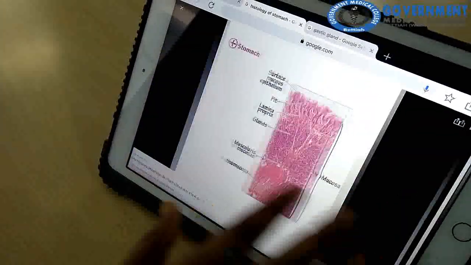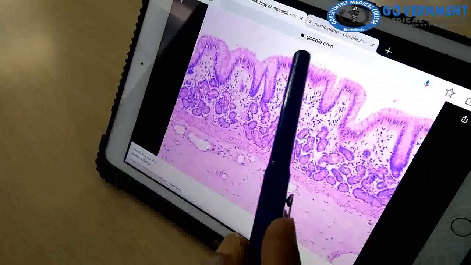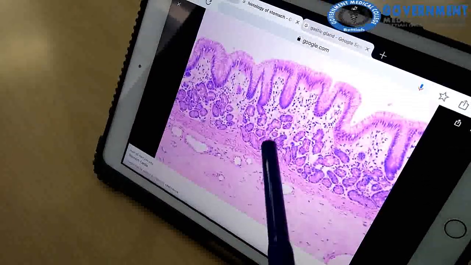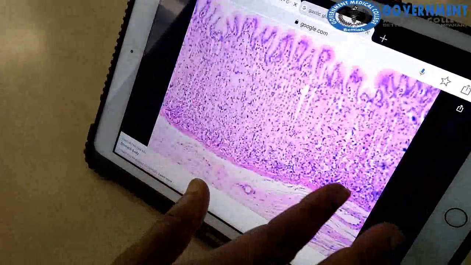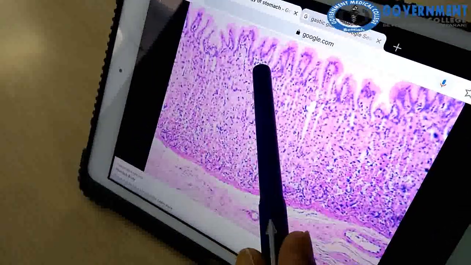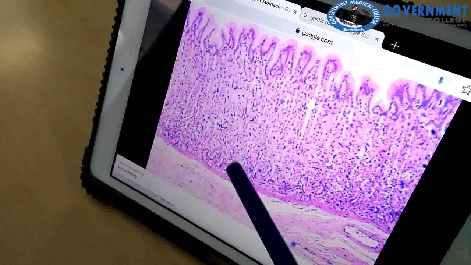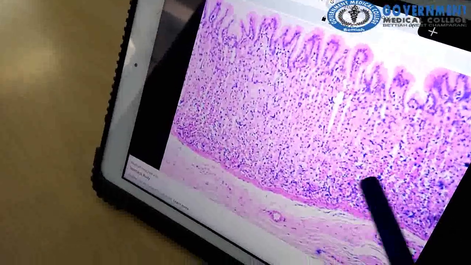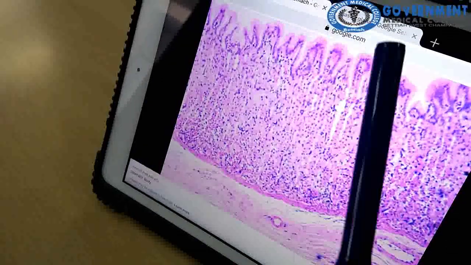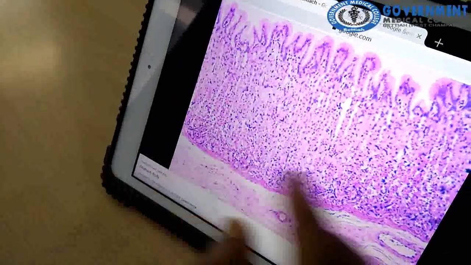In the next slide, see this picture also. It also has a small gastric pit and a small glandular part. See this slide. This is a small gastric pit, and this is a long glandular part. So this is a slide of body and fundus of stomach.